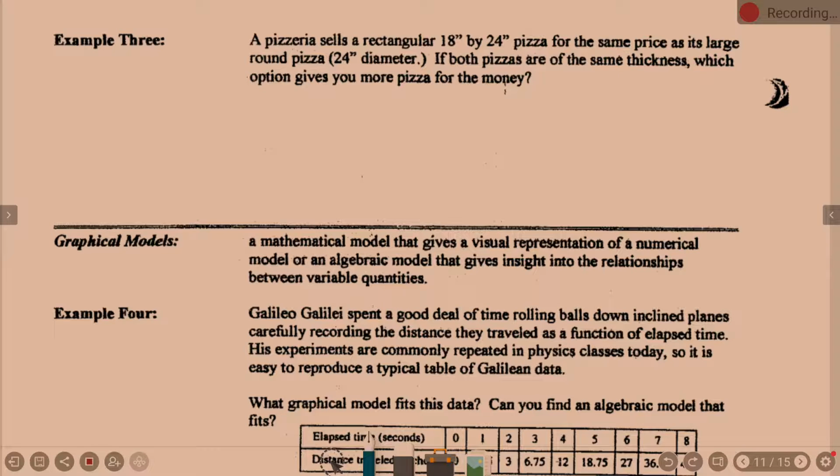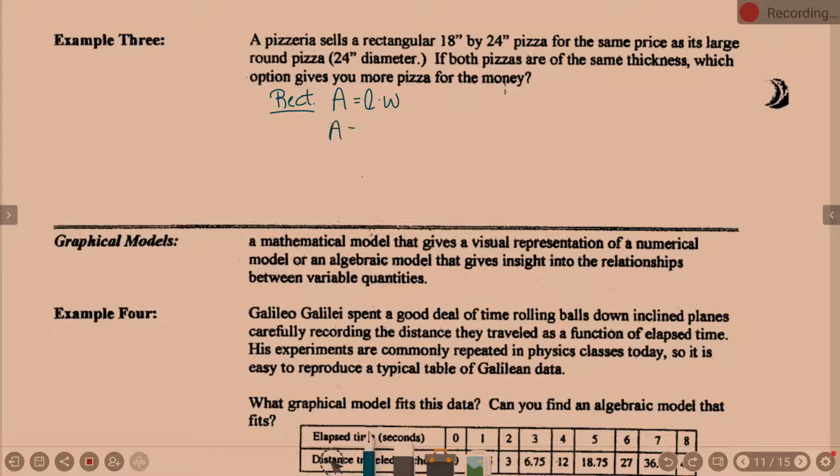And let's see. We have a rectangular pizza. What do you know about a rectangular pizza? Area equals length times width. In order to find the area of a rectangular pizza, we're going to do length times width.